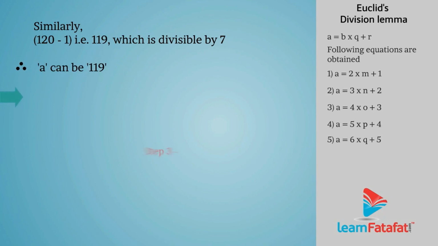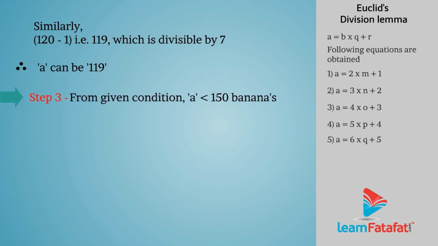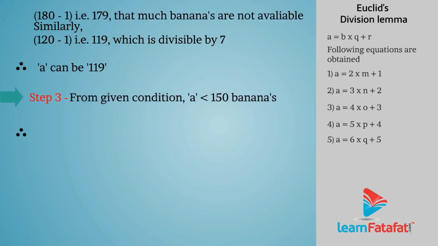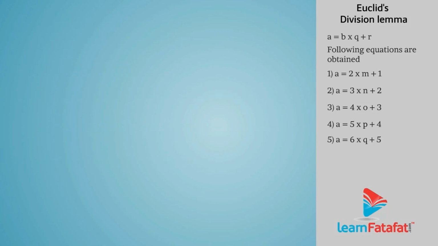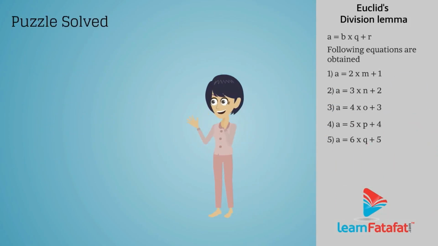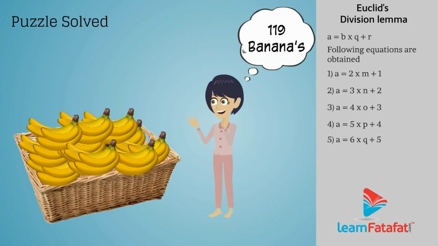Step 3. From the given condition, A is less than 150 bananas. Therefore, 180 minus 1 is 179. So, that many bananas are not possible. Therefore, the total number of bananas will be 119. Puzzle solved. Basket has 119 bananas.